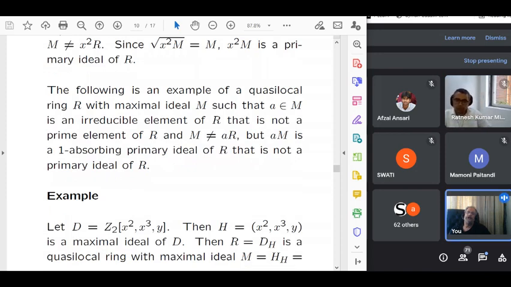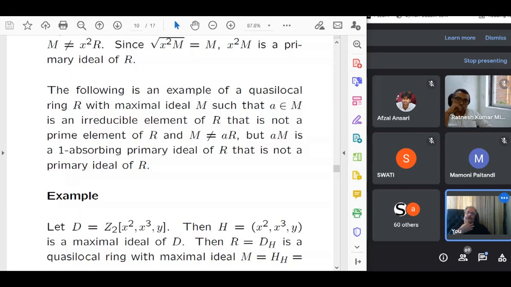Here is another example of a quasi-local ring where a is an irreducible element of R that is not prime, and M is not equal to aR, but aM is one absorbing that is not primary. Okay?